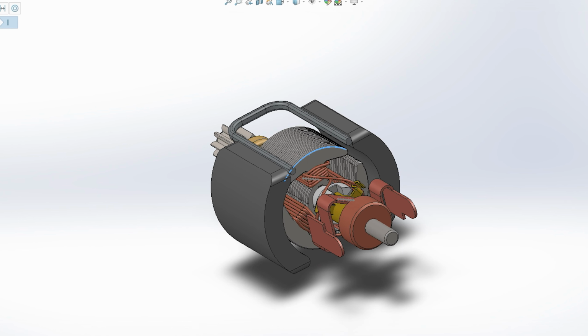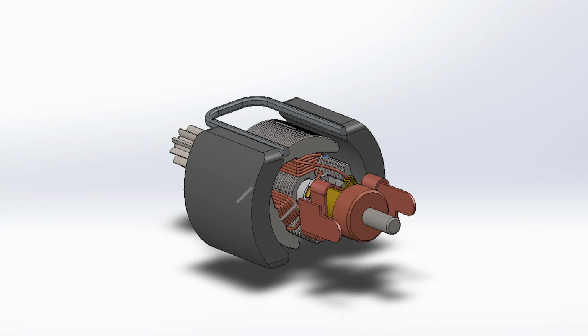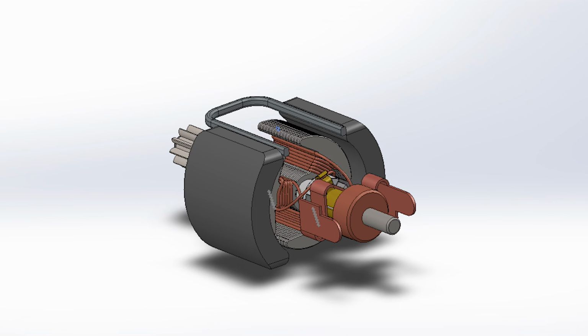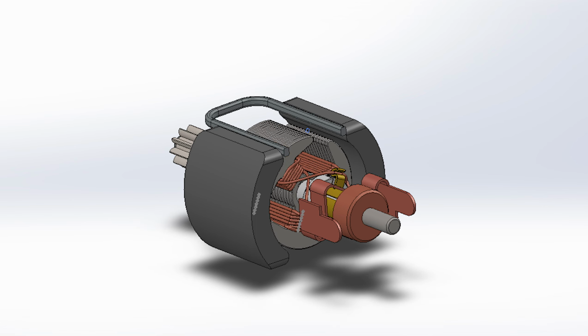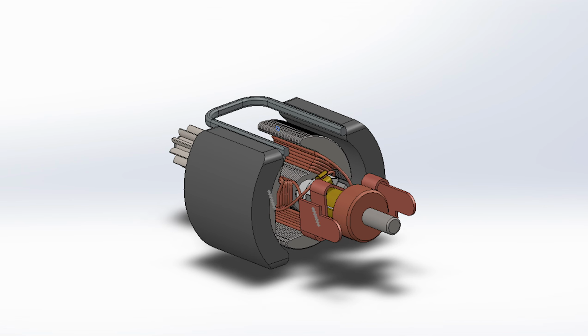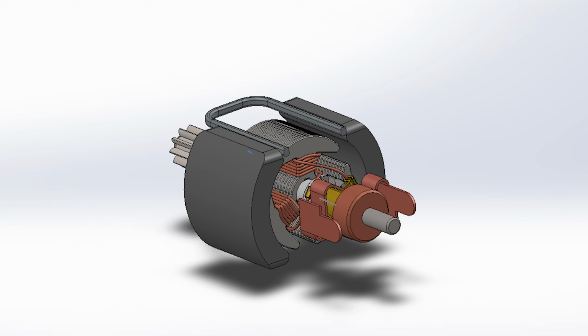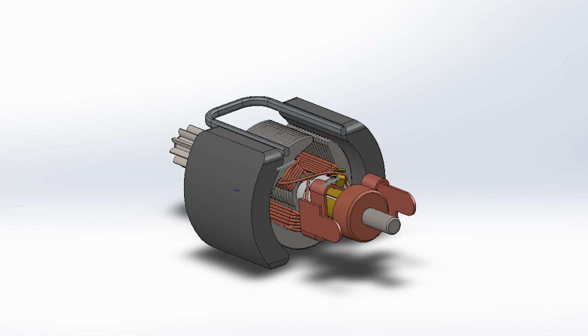Basically, how a DC motor works is that electricity runs through these copper coils and creates an electromagnetic field. This electromagnetic field is temporary and it interacts with the permanent magnetic field. Magnetic fields have north and south poles.